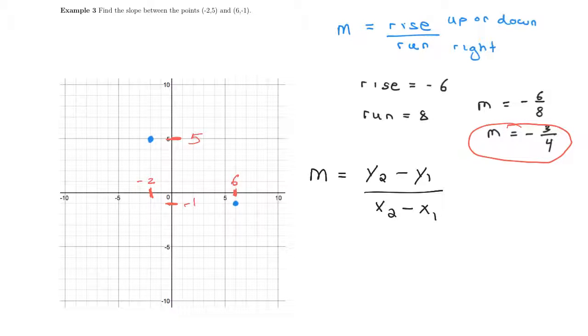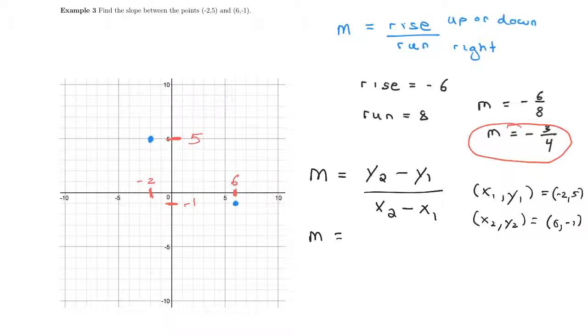So if we plug these into the equation for slope, okay, I'm going to list these out just a little bit more carefully off to the side. So x1, y1, maybe I'll choose it to be -2, 5. And then x2, y2, I'm going to choose that to be 6, -1. So we'll plug all these in and see what happens.